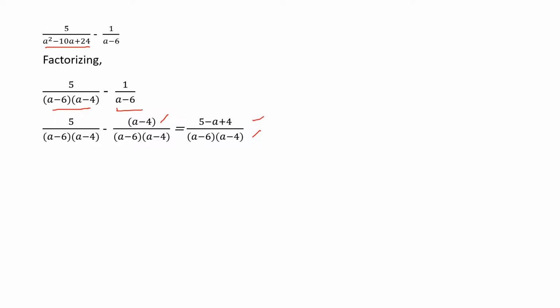So 5 minus a plus 4, which will give us 9 minus a in the numerator, and the denominator is a minus 6 into a minus 4. But our options have a quadratic expression in the denominator, so let's multiply these two linear expressions and get a square minus 10a plus 24 again in the denominator, and the answer comes out to be option D.